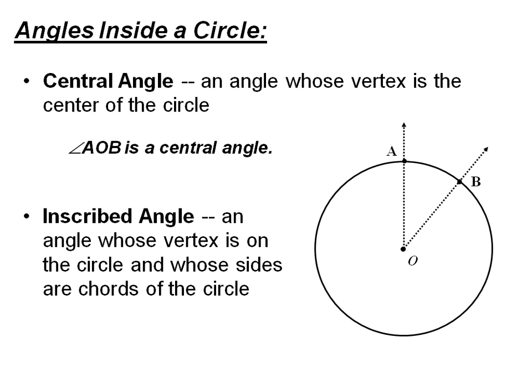On the other hand, there's another kind of angle called an inscribed angle. An inscribed angle is an angle whose vertex is on the circle and whose sides are chords of the circle.